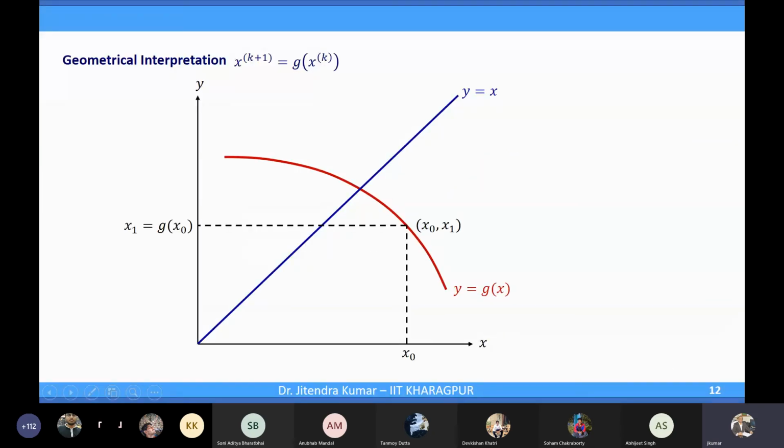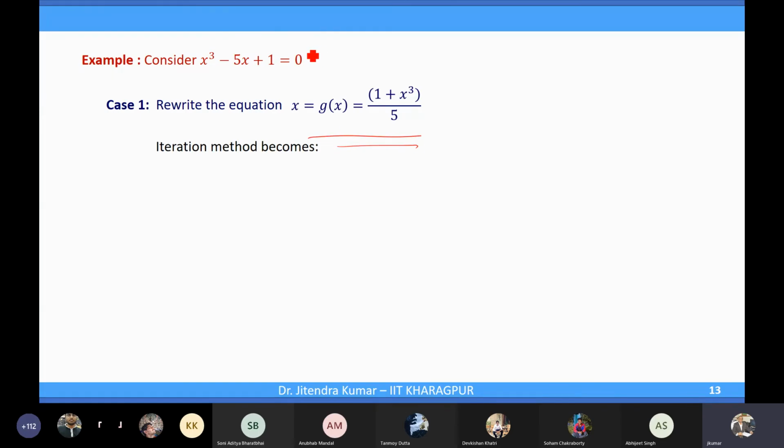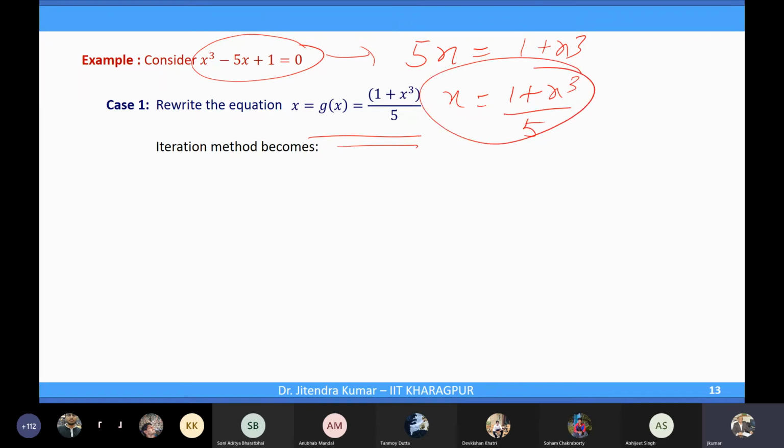So we were here. This was done. We were here, right, in the example. So we have this example, we rewrite to this form. How this form is written, I think I have explained, right? So you have 5x is equal to 1 plus x cube, and x is equal to that. This is one way of writing, not the only way.